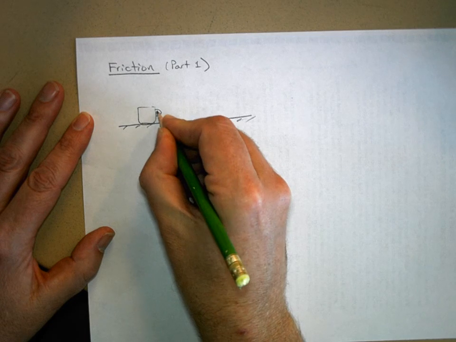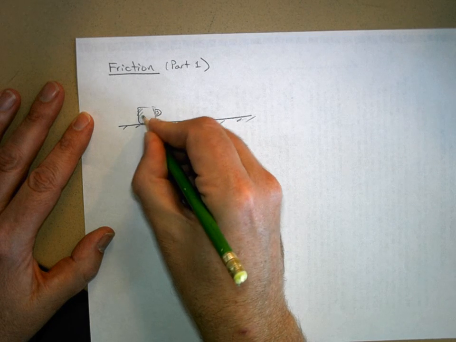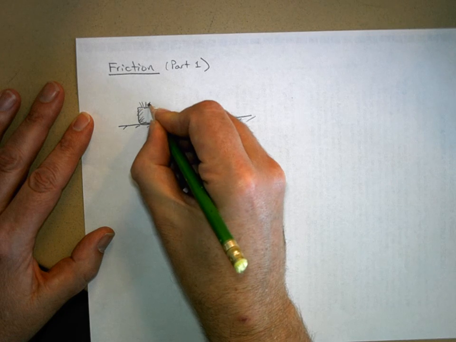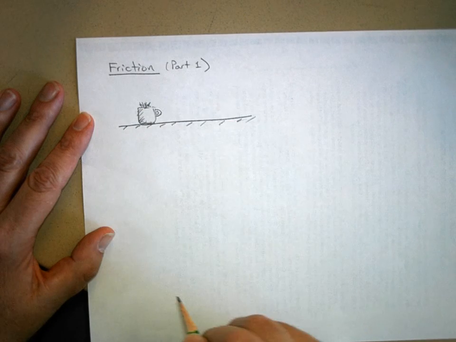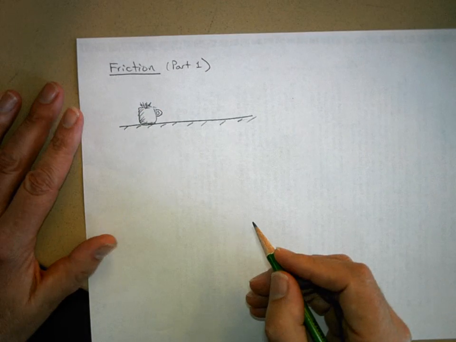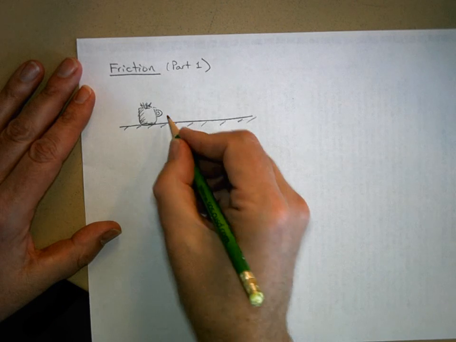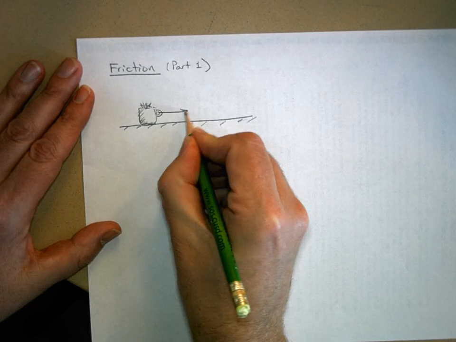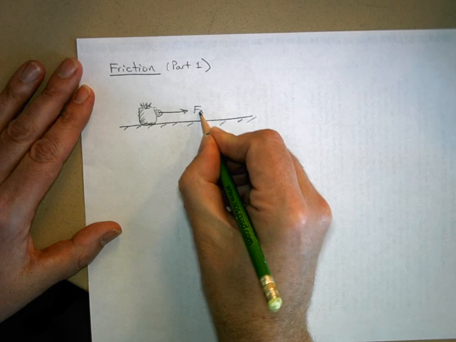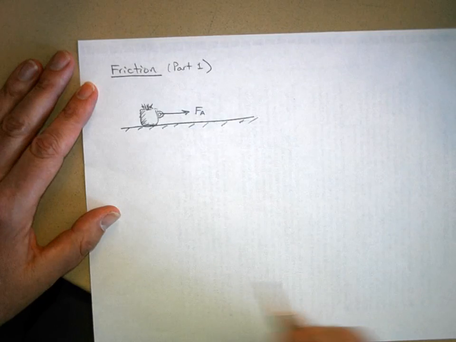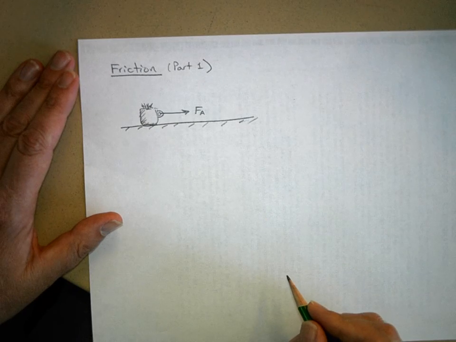Here's the handle, and so it's got pens and pencils and stuff sticking out of it. Now what I'm going to do is apply a force to the mug. Here's my applied force.